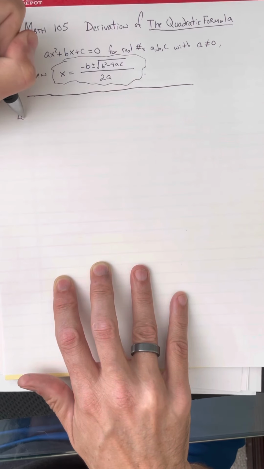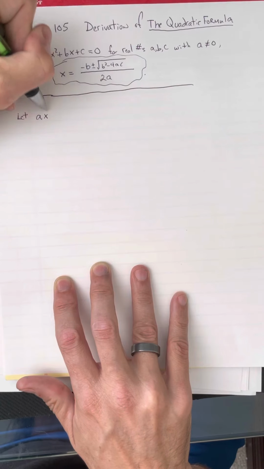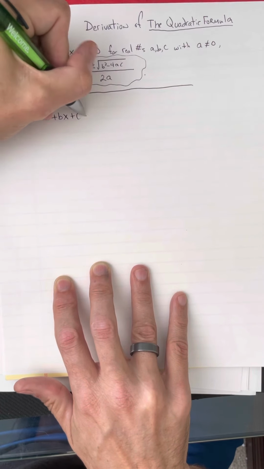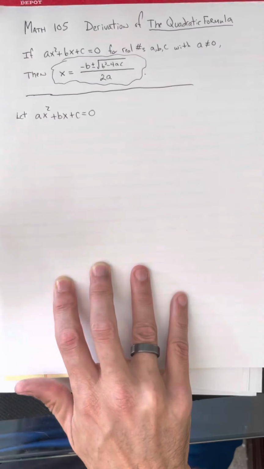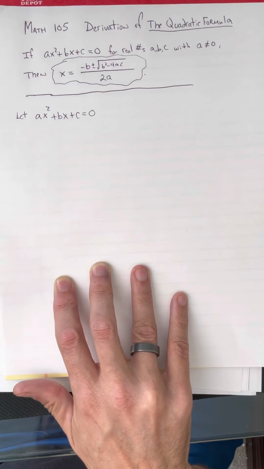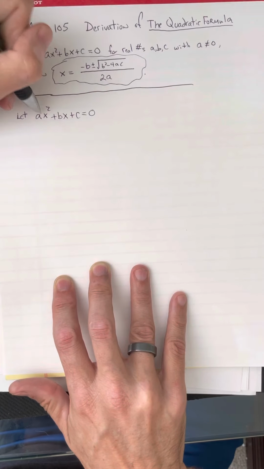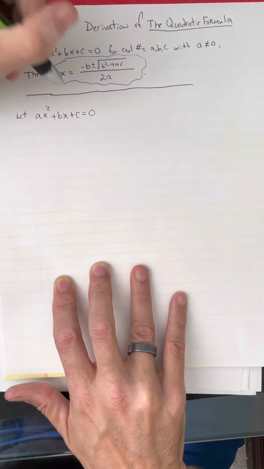So let ax squared plus bx plus c equal 0. First thing we're going to do is divide everything through by a, so that the coefficient in front of the x squared becomes 1.